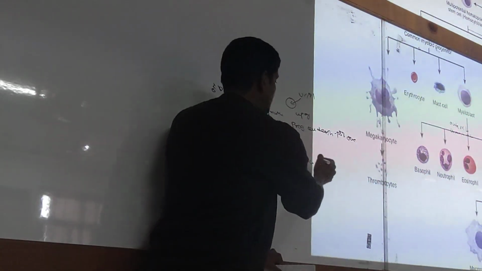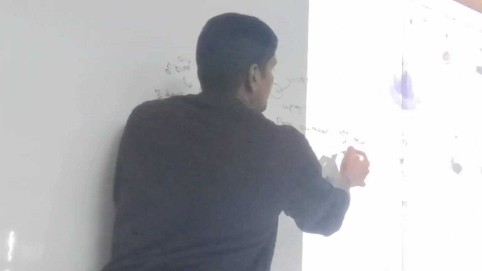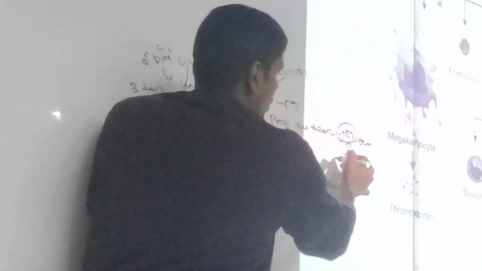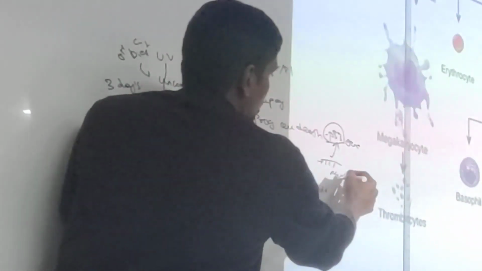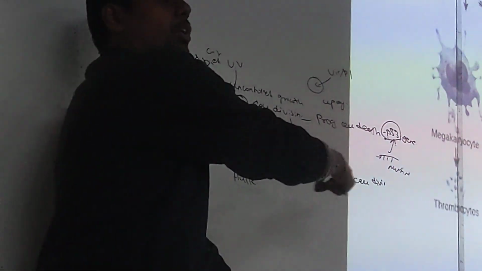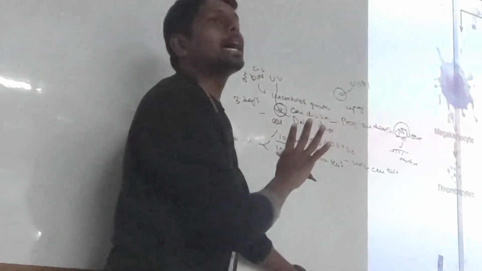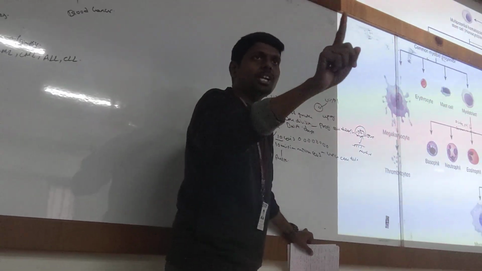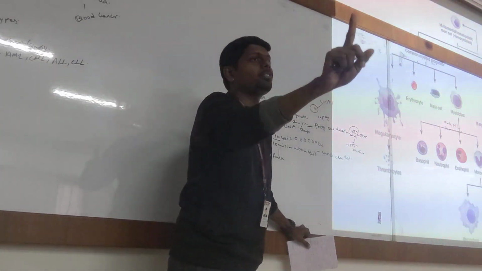Uncontrolled cell division will happen when the P53 gene gets mutations. Mutations in the P53 gene lead to uncontrollable cell division. It leads to cancer. So P53 is one marker to identify a cancer.